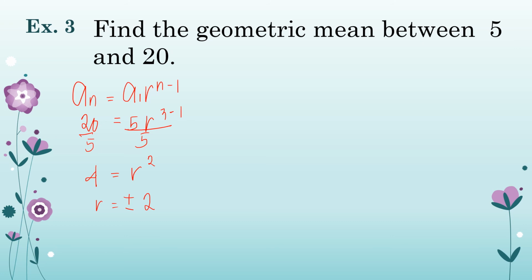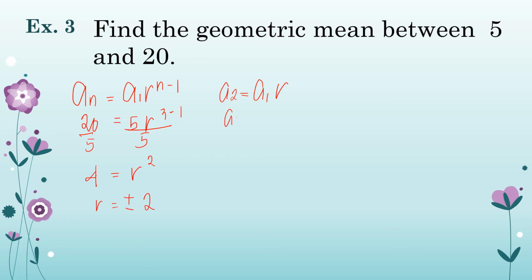So, therefore, what is the geometric mean between 5 and 20? Since a sub 1 is 5, you're finding a sub 2, so a sub 2 is equal to a sub 1 times r.